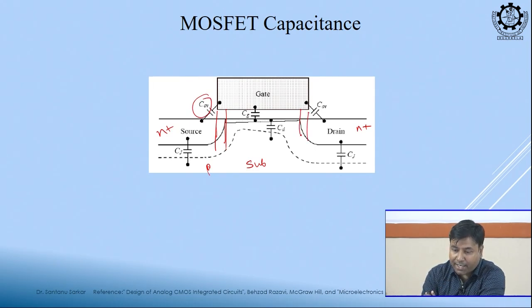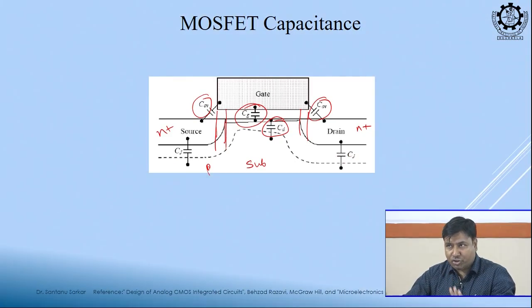Similarly, at the drain side some overlap capacitance will be formed. So, what are the different capacitances? One is gate capacitance, one is depletion capacitance because some depletion layer is forming, and another is the PN junction reverse bias junction capacitance. So, you just get familiar with the terminologies.